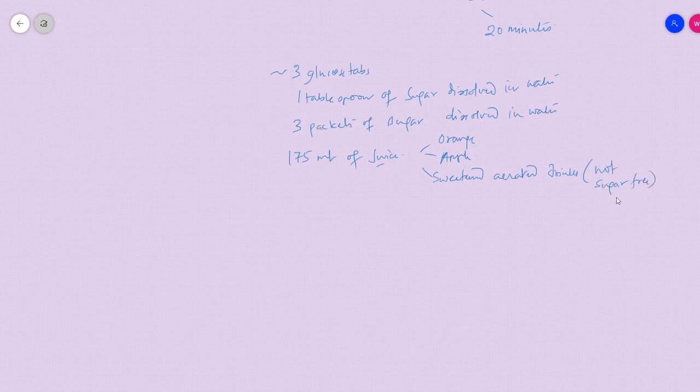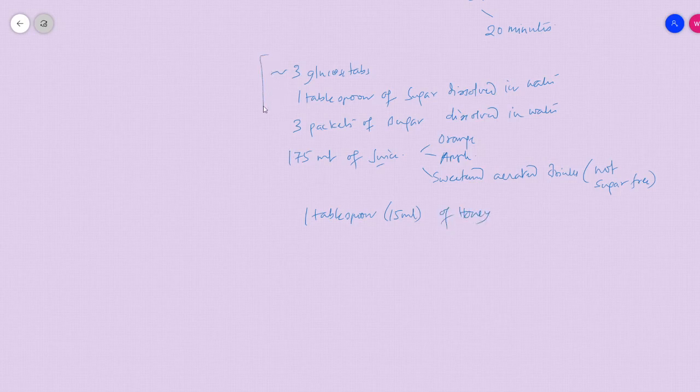If it contains aspartame, that won't help. Or 1 tablespoon, a volume of 15 ml, of honey.